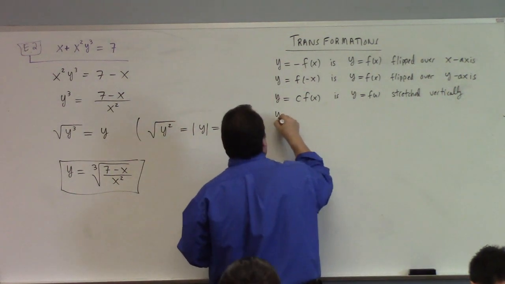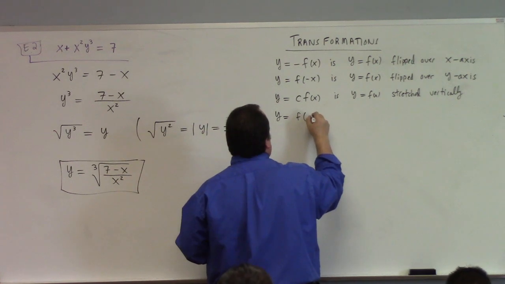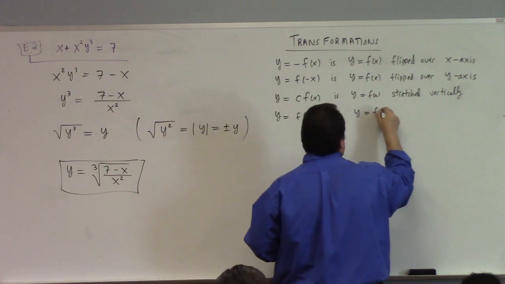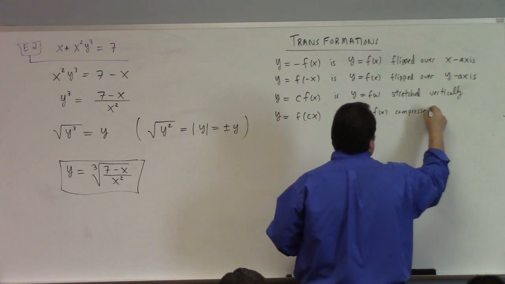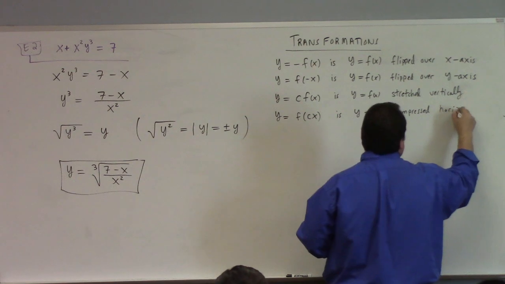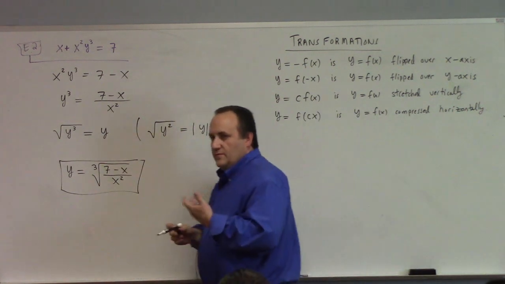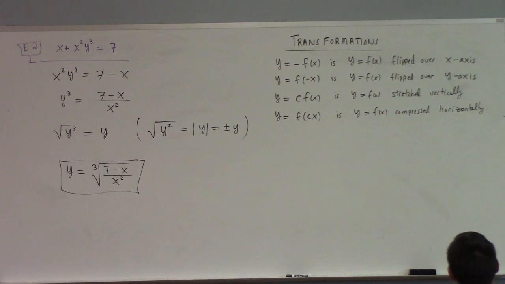And finally, y equals f of cx is y equals f of x compressed horizontally. So those 4 transformations, together with the shifts that we talked about last time, that's pretty much it.